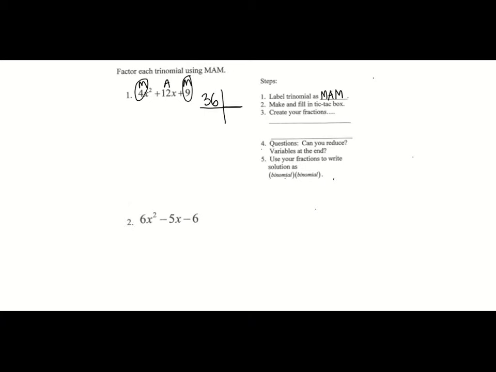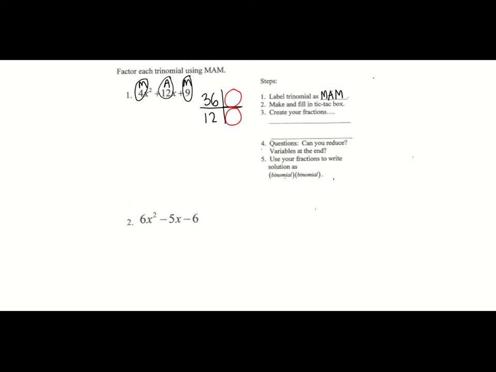Then our add number here is 12. That is going to go on the bottom. So we have 36 and 12. These two numbers in these blanks, we know those have to multiply to give me 36 and add to give me 12.